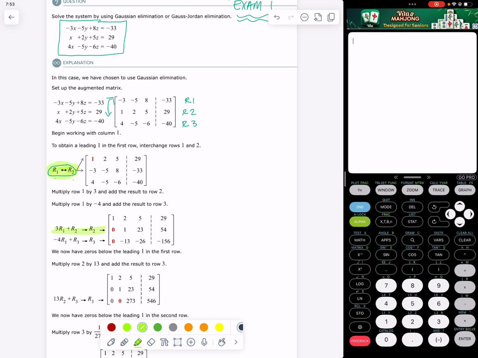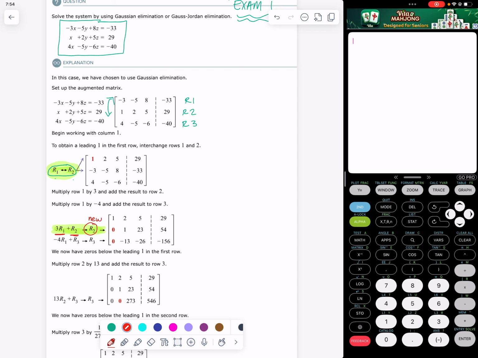The second is, how do you read all of this? I went over this in the lessons. But basically what you're going to do is take 3 times row 1, add it to row 2, and that's going to become your new row 2.